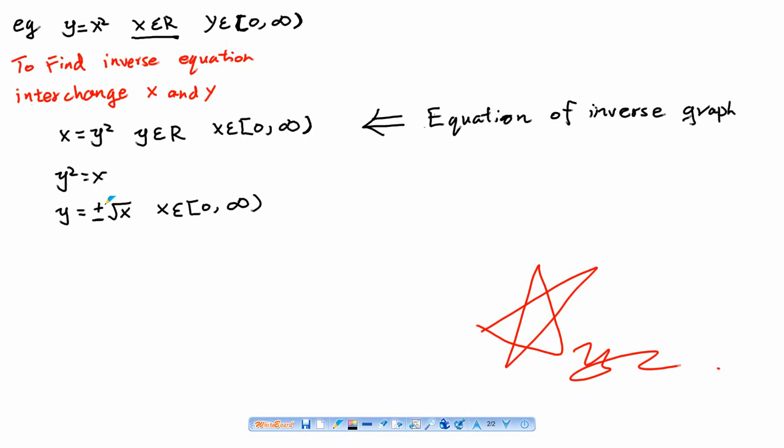Because we have y equals plus or minus square root of x, we actually have two equations, and the domain is the same.